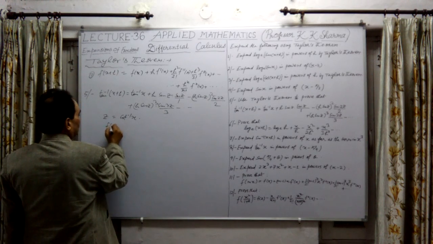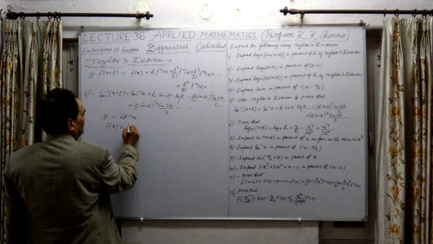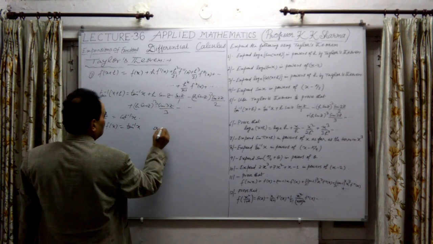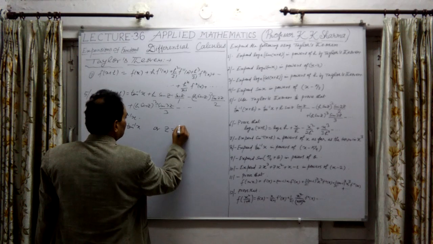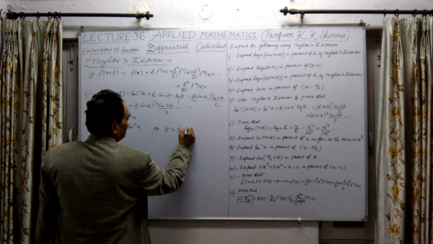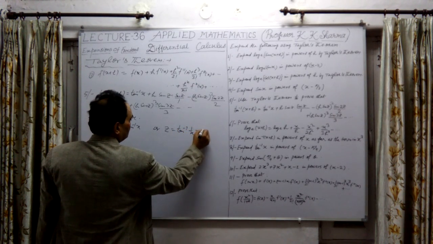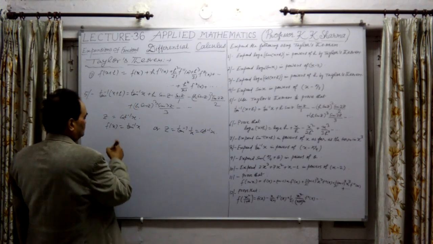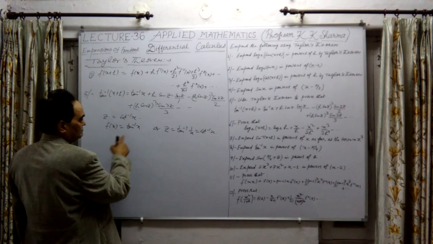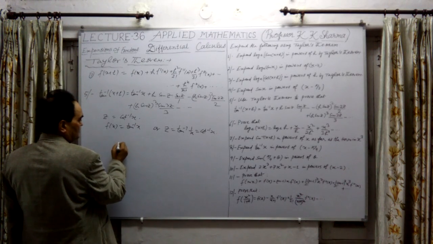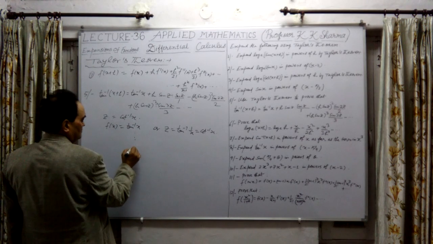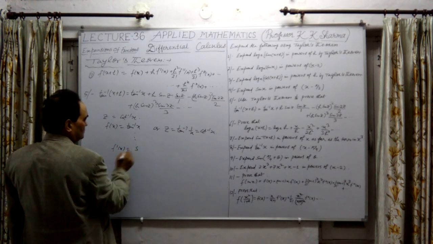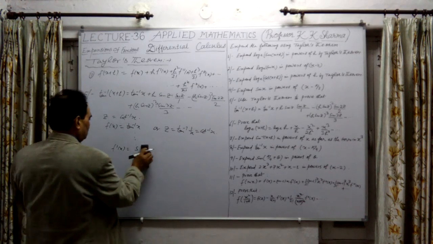That means if I write f x equal to tan inverse x, or z equal to tan inverse 1 upon x, that is equal to cot inverse x. So this is f x equal to tan inverse x, or if I take the series f dash x, let me write the nth derivative of this.